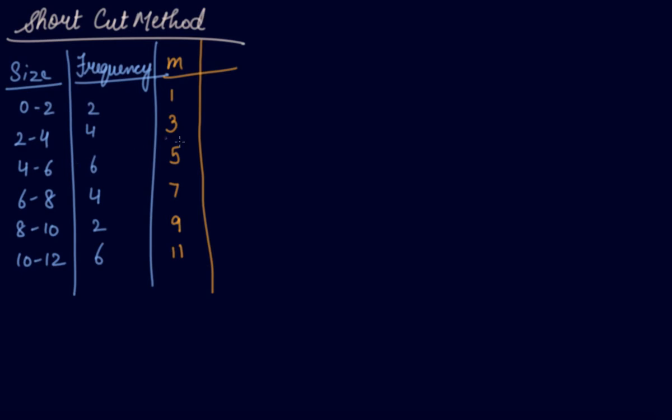Let's take this 5 as the assumed mean. So we will take the deviation from the assumed mean, and find the dx in this case. The deviations will be minus 4, minus 2, 0, 2, 4 and 6.